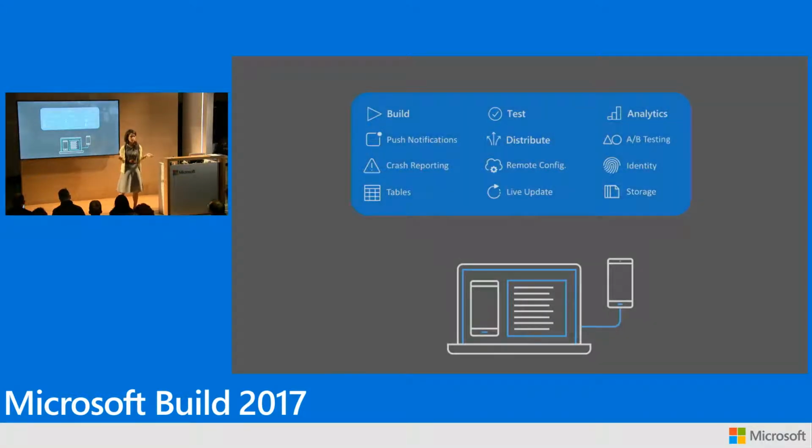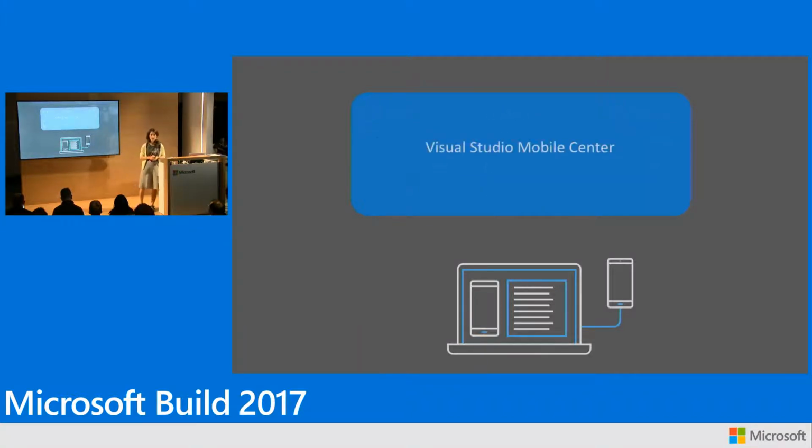We heard your feedback over the years, and we asked ourselves, how can we make all of this world better for you mobile app developers? So we decided to put all the tools that mobile developers need under one roof. And this roof is Visual Studio Mobile Center. It's the next generation of HockeyApp and Xamarin Test Cloud. And it has all the tools that you need for your mobile DevOps lifecycle, such as build, test, distribute.